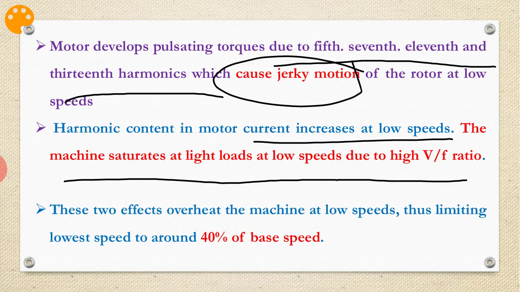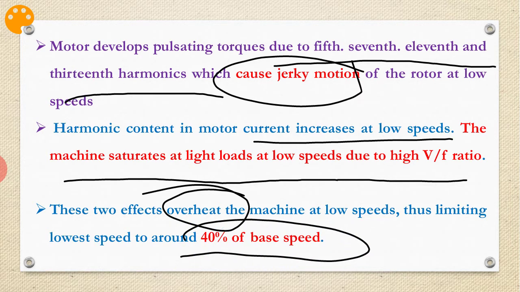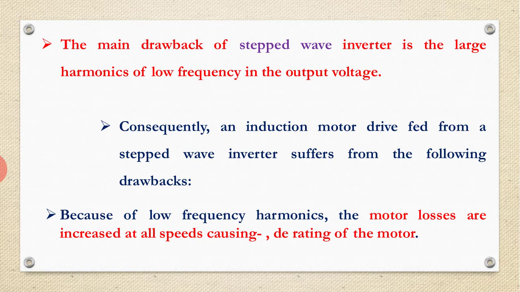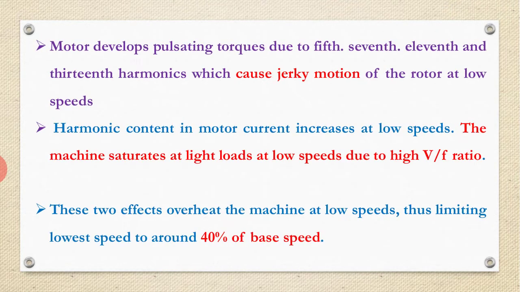These two effects overheat the machine at low speed, thus limiting the lowest speed to 40% of base speed. These are the drawbacks of the stepped wave inverter.